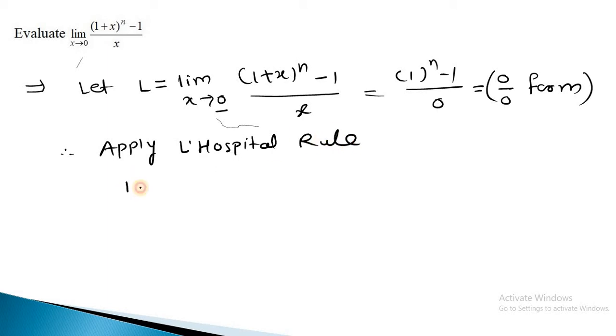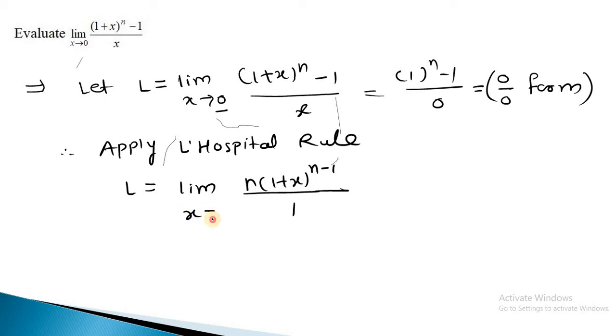So by L'Hospital rule, limit of f of x upon g of x is limit of f dash of x upon g dash of x. So f of x is (1 plus x) raised to n minus 1. What is its derivative? n times (1 plus x) raised to n minus 1. Derivative of 1 is 0. Divided by derivative of x, which is 1.